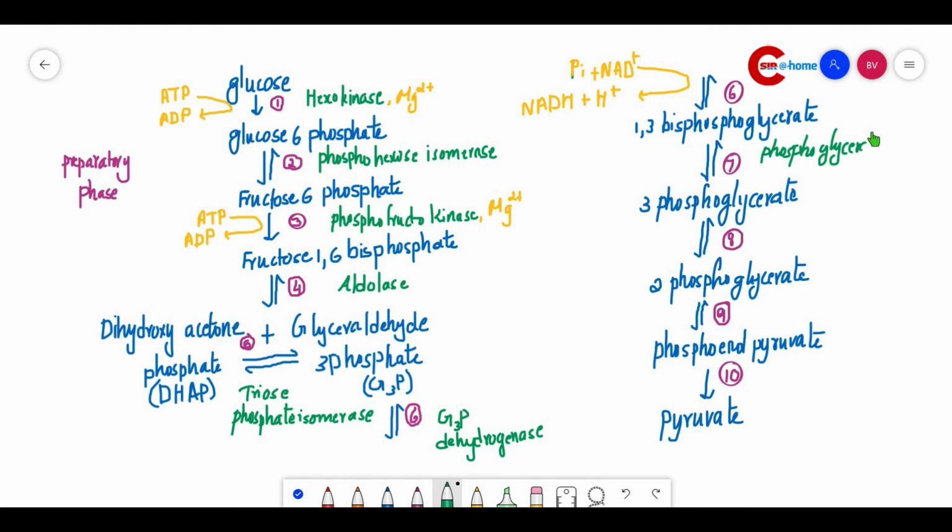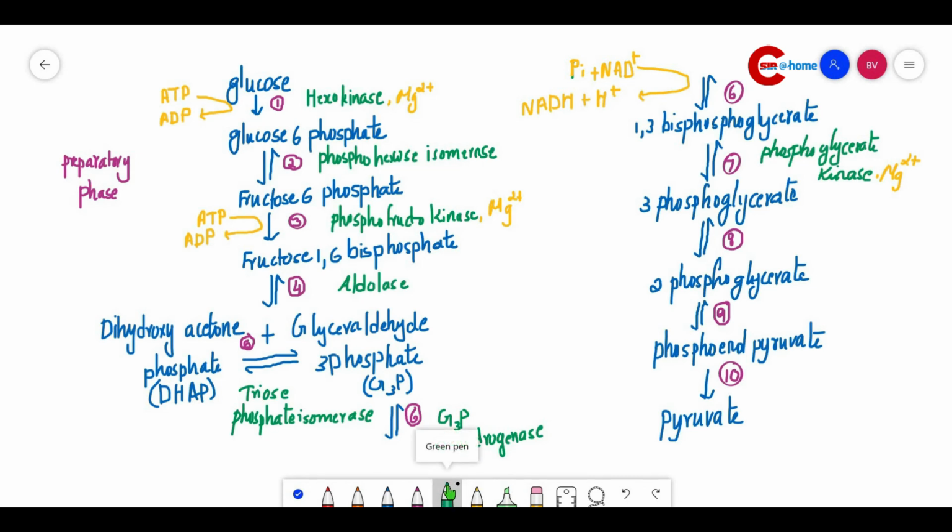Which is the cofactor here? Magnesium 2+. Here, one molecule of ADP is converted into ATP. This is the first ATP yielding step in glycolysis.